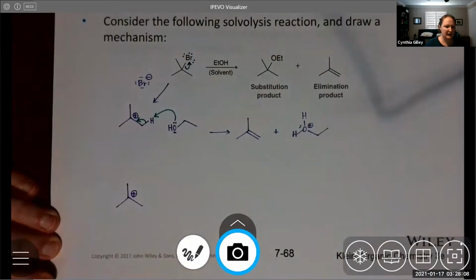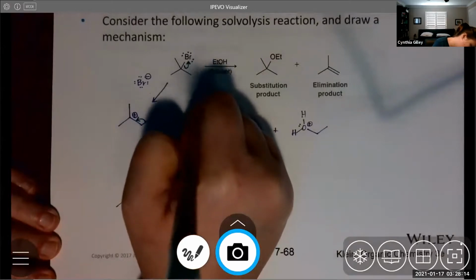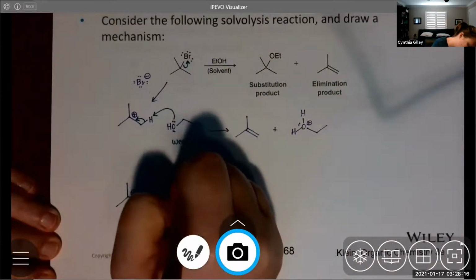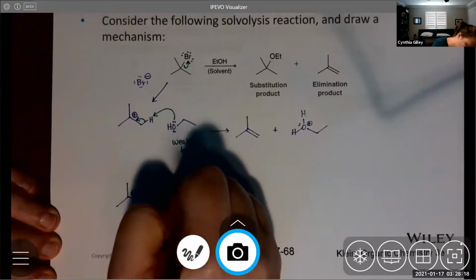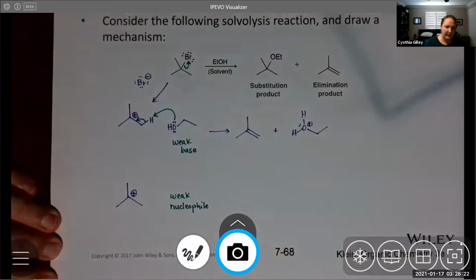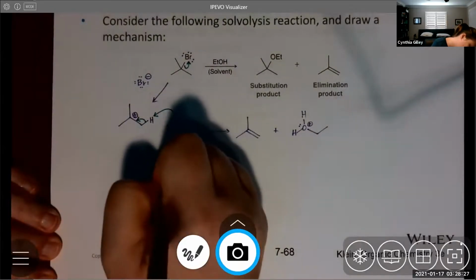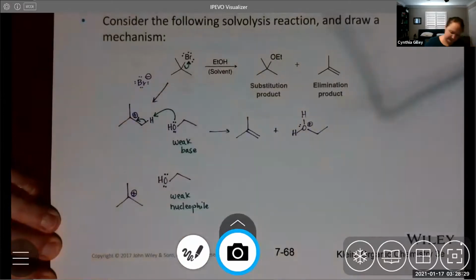Okay, alternately, instead of acting as a base, ethanol can act as a weak nucleophile. It functions as both a weak nucleophile and a weak base. I'm going to draw it in again and now use it as a nucleophile instead of a base.